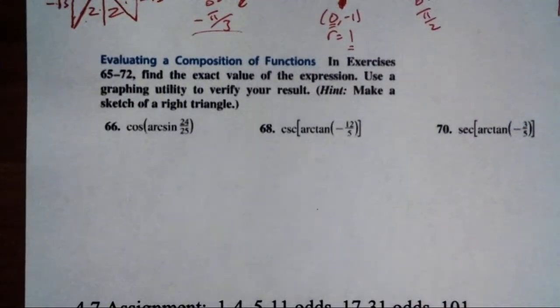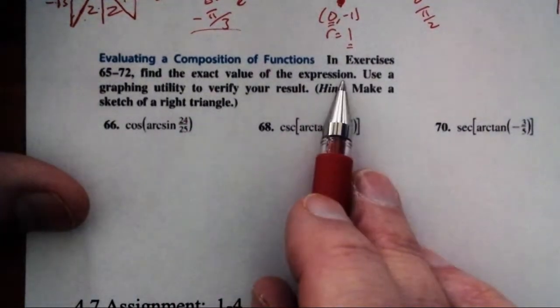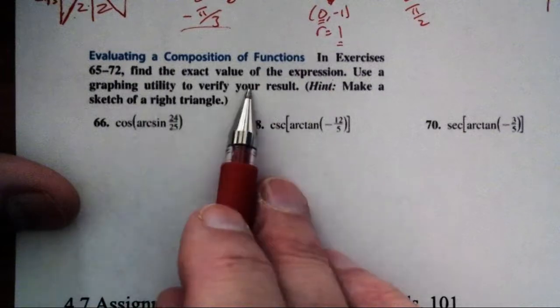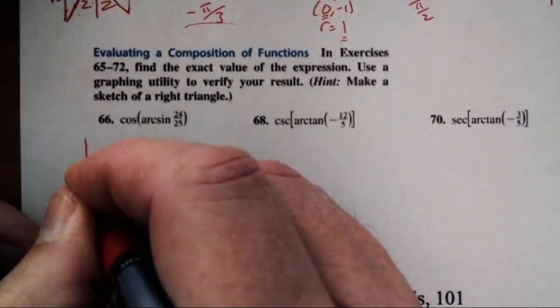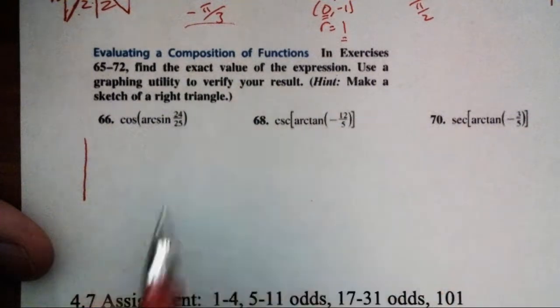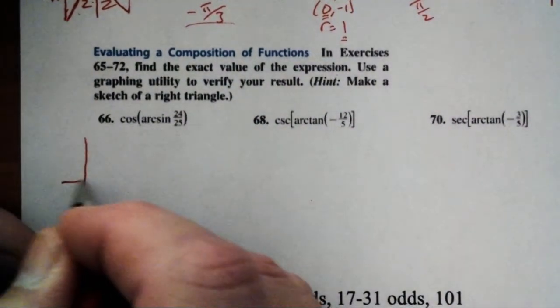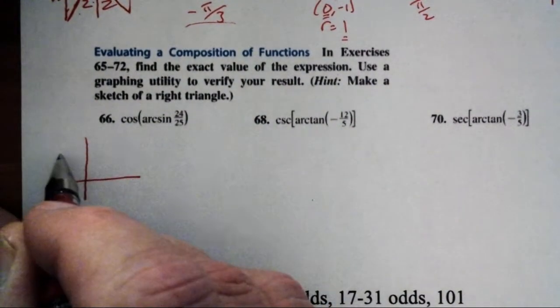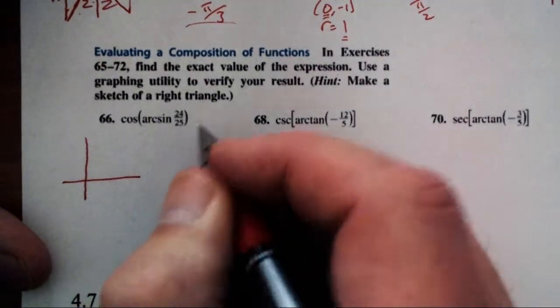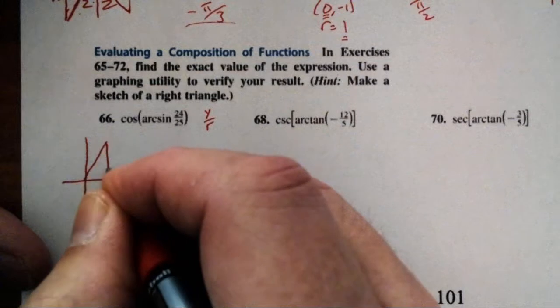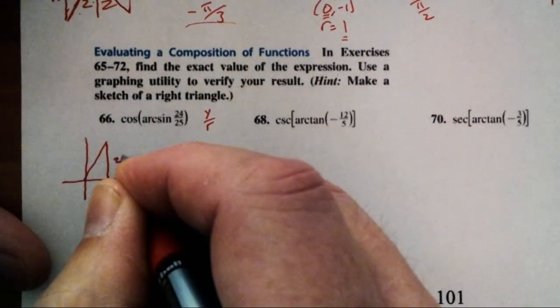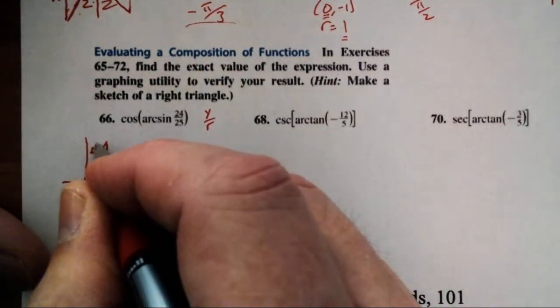Okay, here's the Pythagorean thing I was bringing up on 64. Find the exact value of the expression. Use graphing utility to verify the results. Hint, make a sketch of the right triangle. So we want to know when sine is positive 24/25. Well, sine is positive in first and second quadrant, so we're going to build this in the first. That is a y on r ratio of 24 to 25.